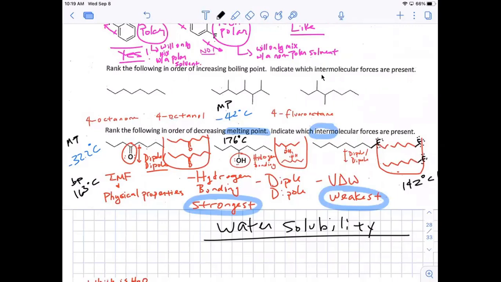So it's hard to get a melting point for something that's already a liquid. But the point is the intermolecular forces are going to cause differences in the physical properties. So the lowest boiling point you see is the fluorooctane. It's 142. And then the other one is 163, and then the alcohol boils at 176.